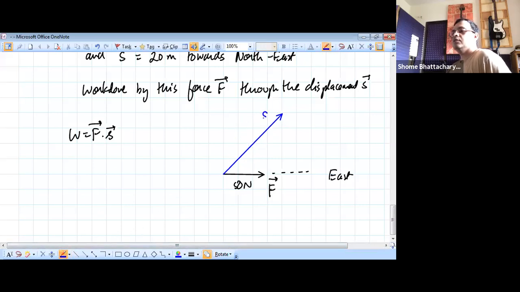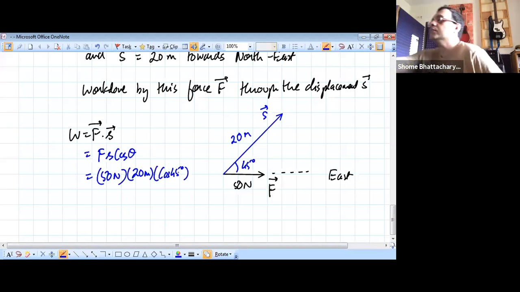So the displacement of 20 meters is such that this angle should be 45 degrees. So when I substitute here, it should be magnitude of force into magnitude of displacement into cos of angle. So the magnitude of the force will be 50 newtons. That's a scalar quantity. The magnitude of the displacement is 20 meters. That's a scalar quantity, and cos 45 is just a number. So obviously it's a scalar quantity.